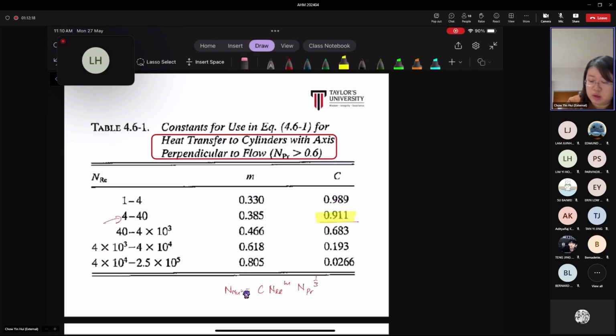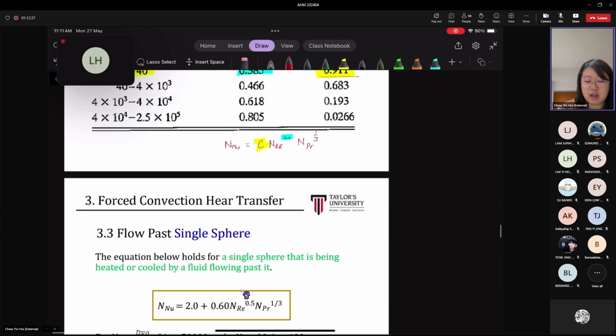While the m value would be 0.385 if the Reynolds number is between 4 and 40 for flow that is perpendicular to the axis of the cylinder. So that's for a cylinder.